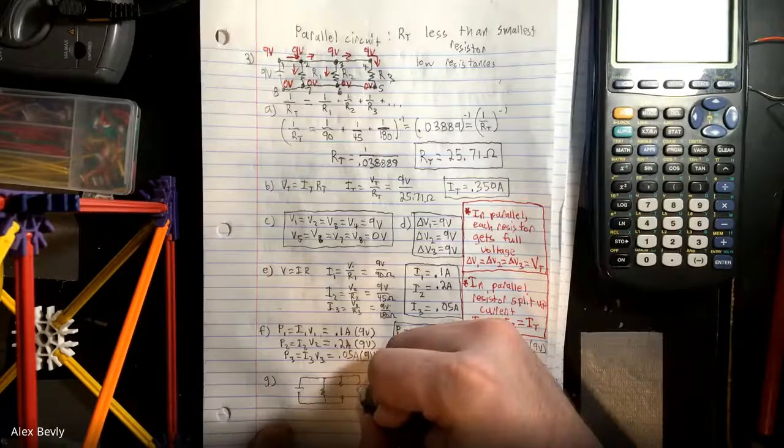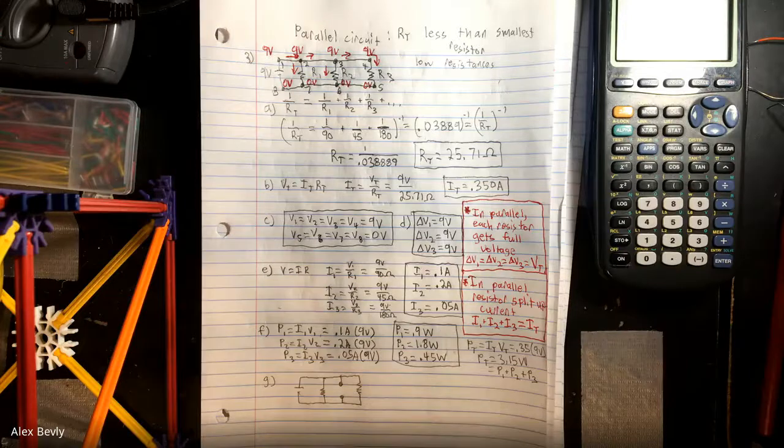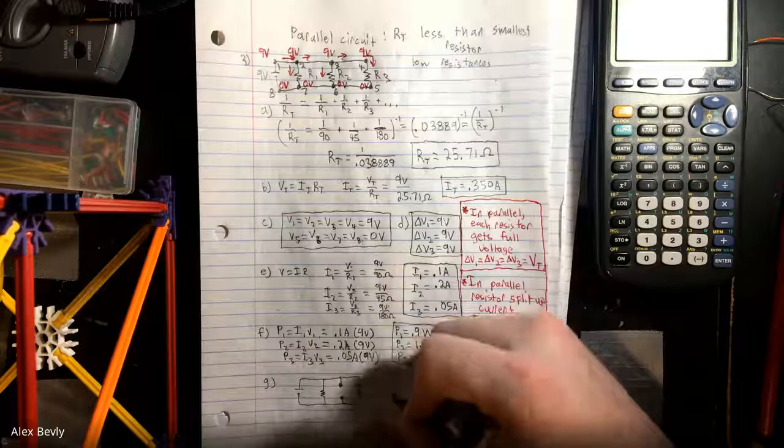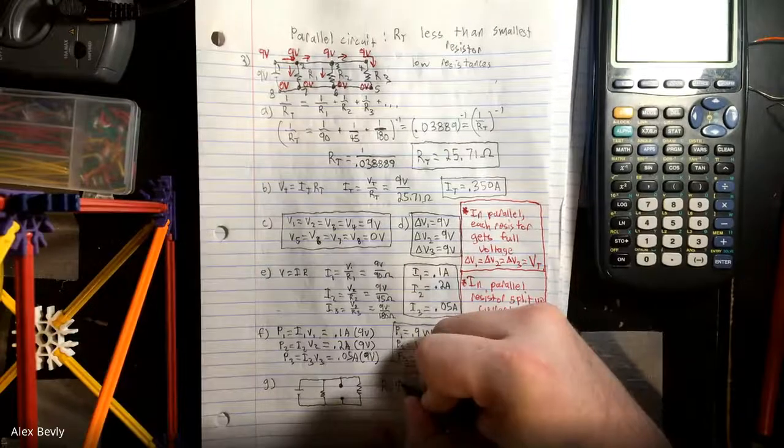If I reduce the number of checkout lines, is it getting easier or harder to leave? It gets harder to leave. I closed out a checkout line. It's harder to leave my store, so my total resistance is going to go up.